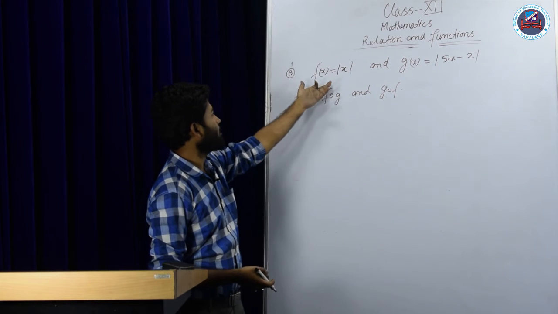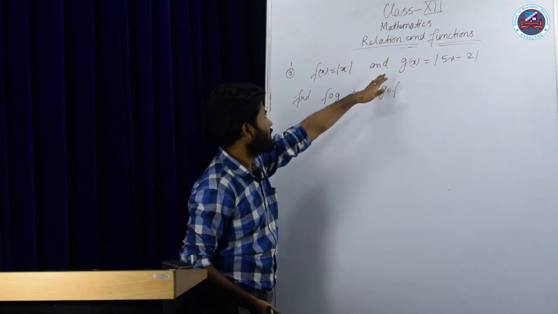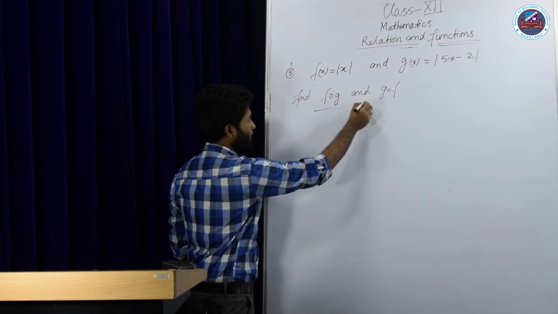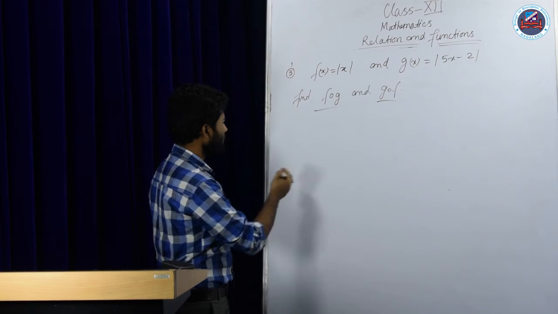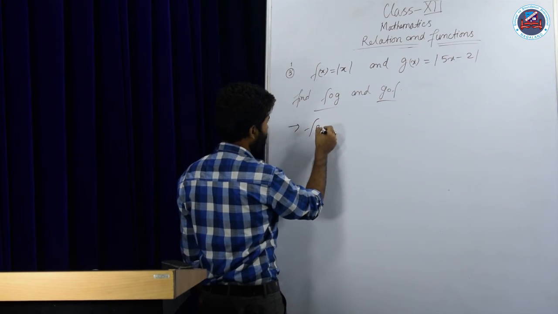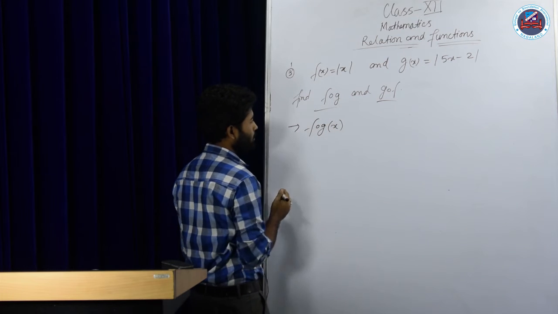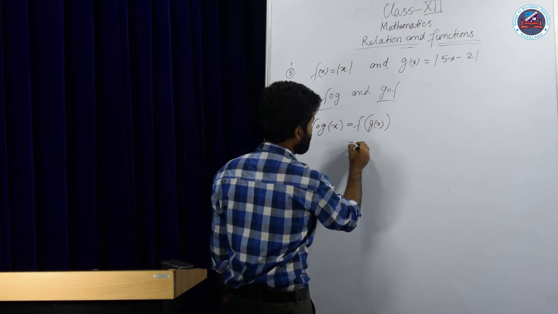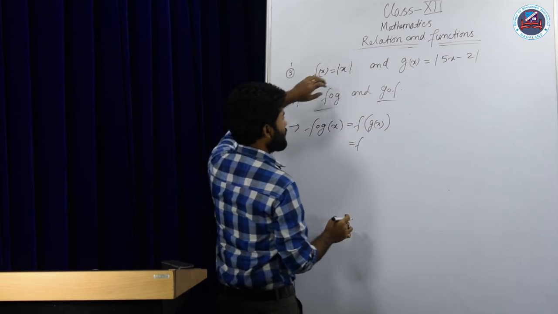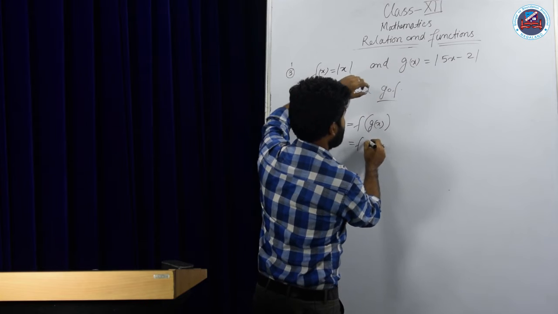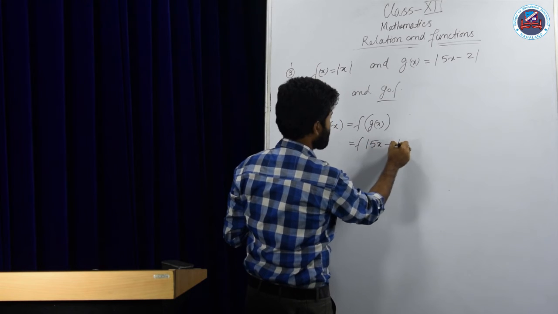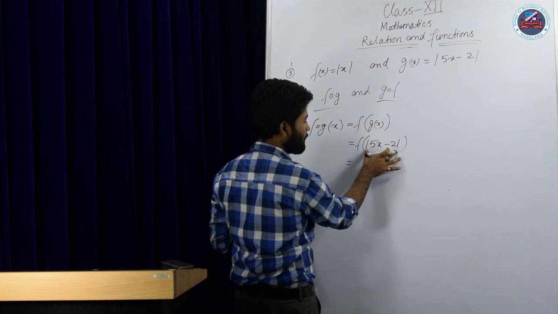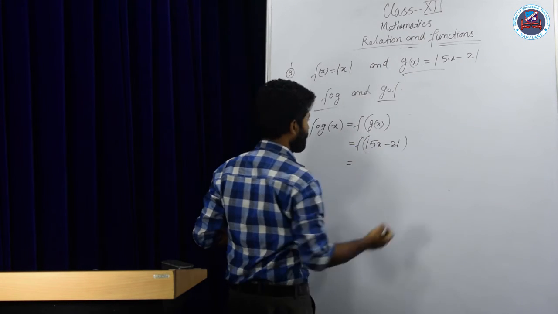Here the function given is f(x) is equal to mod of x and g(x) is equal to 5x minus 2. We need to find f of g and g of f. Let us find f of g first. So it will be f of g of x. Now what is g of x? It is given here, mod of 5x minus 2, clear? In place of g of x, I have replaced it by 5x minus 2 from the given definition.